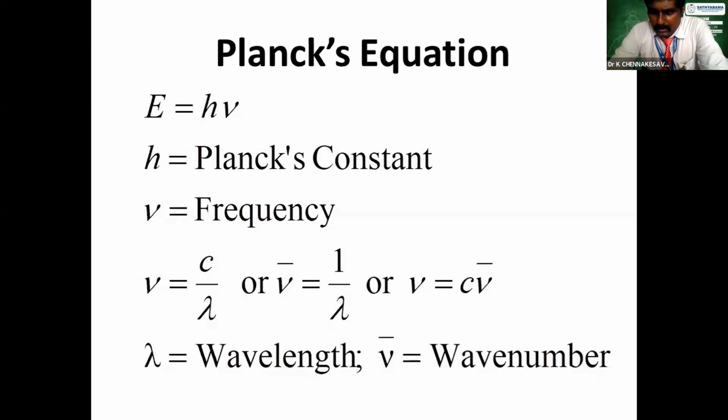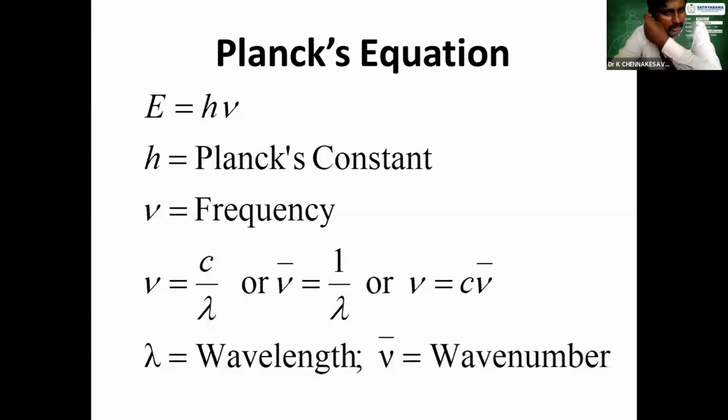Nu is equal to c nu bar. See that we can write this E is equal to h nu in so many ways. How we can? E is equal to hc by lambda, or E is equal to hc nu bar. This is the Planck's equation, and here lambda is a wavelength and nu bar is a wave number.